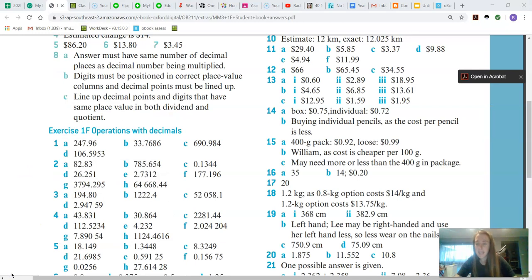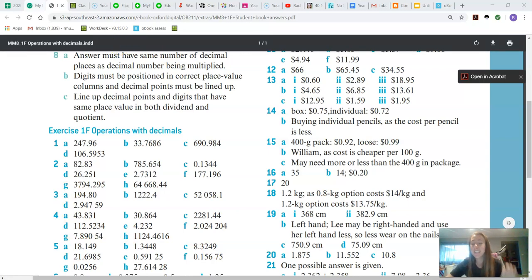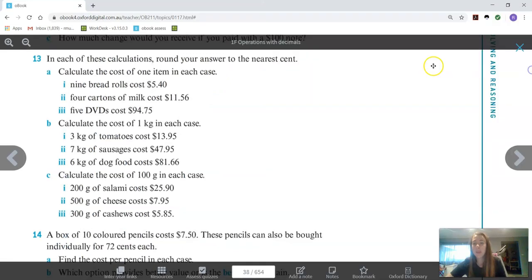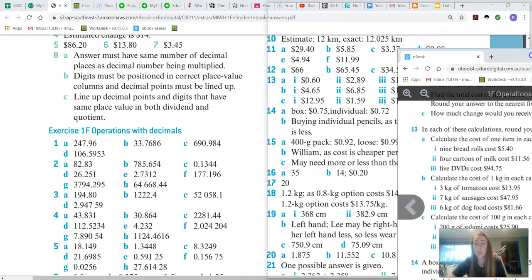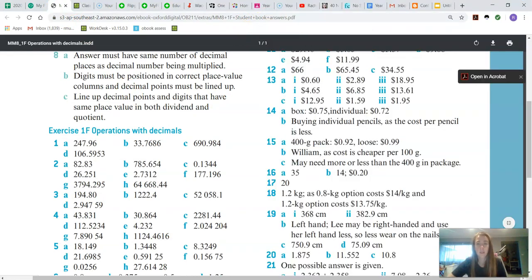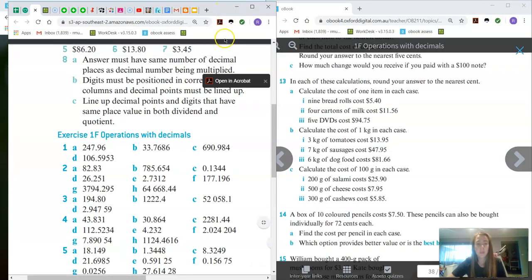Okay, so answer time. We were working through question 13. So 13A, you should have got 60 cents. Question B, let's just make sure that we're double checking what we're actually working on. Sorry, team, bear with me.